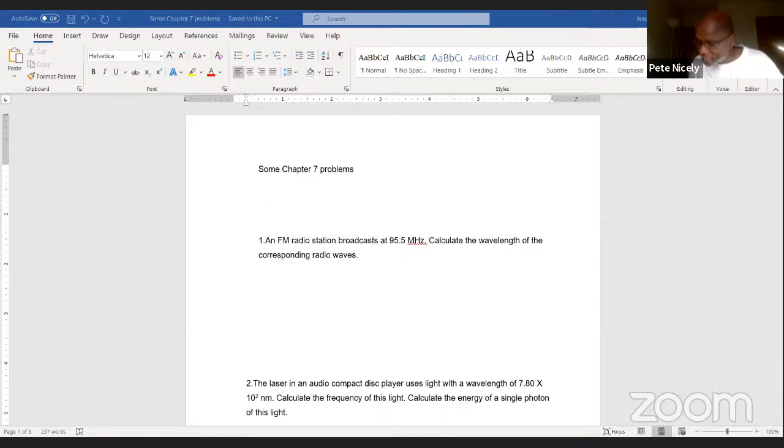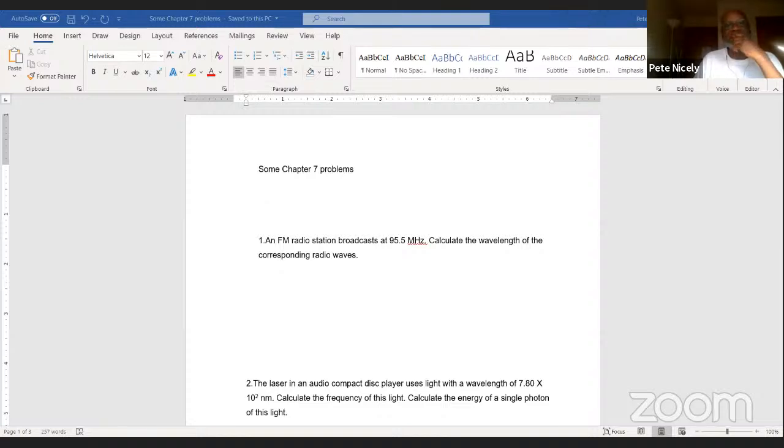When I did that calculation, the answer I got is 3.14. And the units will be meters because the megahertz cancels out. 1 over s is the same thing as hertz, so that would cancel, and the only unit remaining would be the meter. So that would be the answer for number 1.